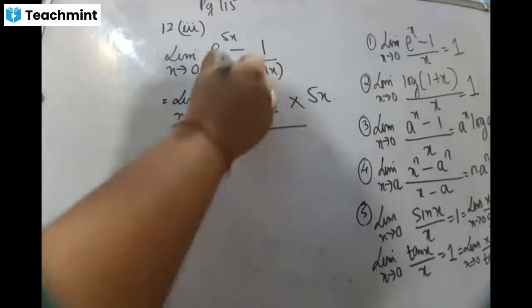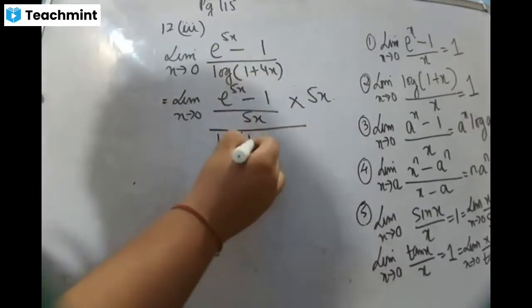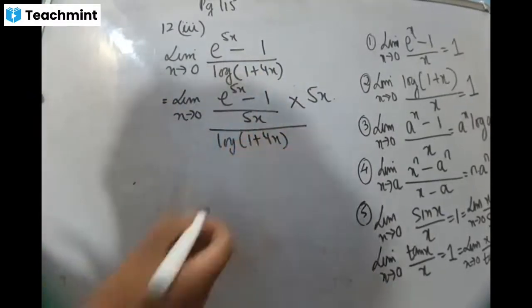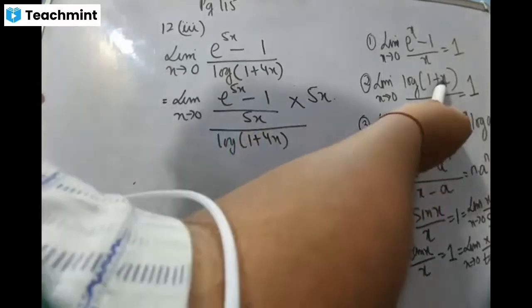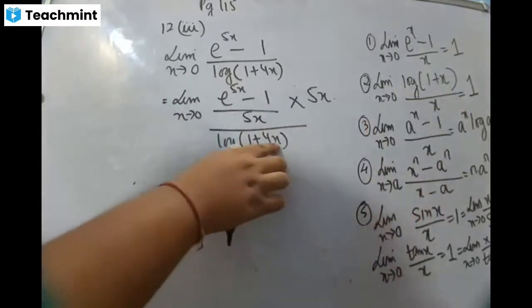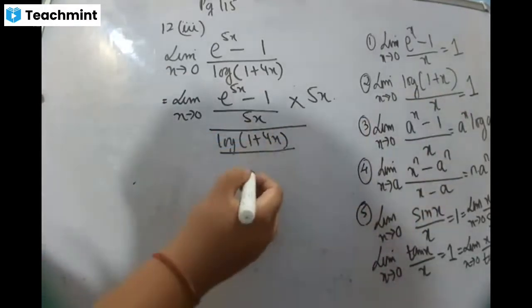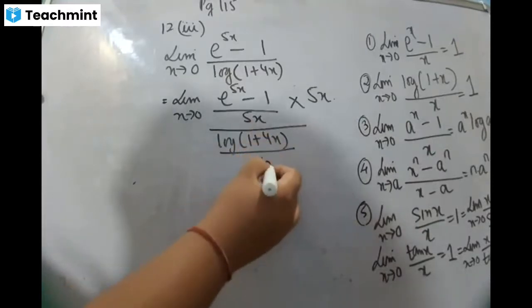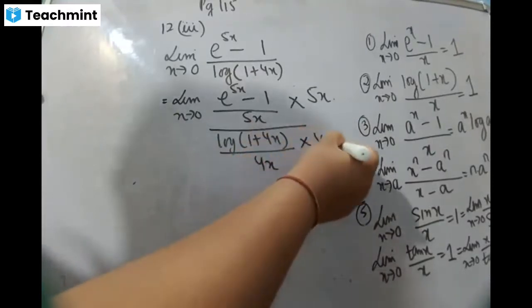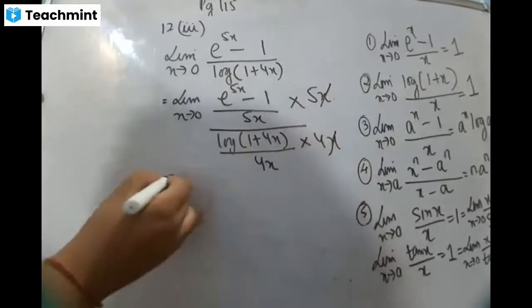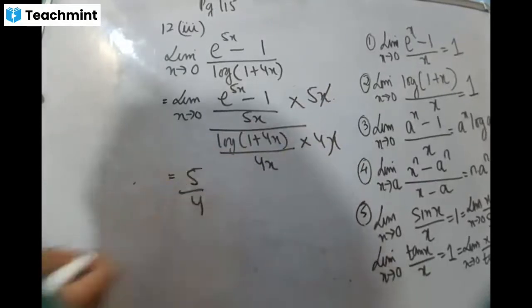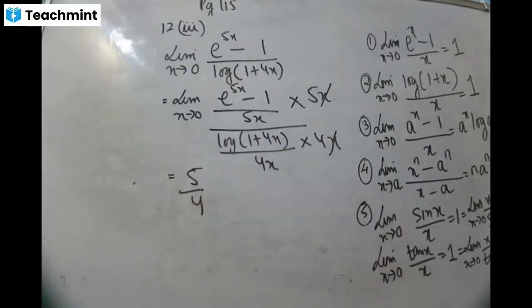Divide the whole thing, log 1 plus 4x. Property number 2 says log 1 plus x. That means whatever is the angle with log, the same thing has to be the denominator. What is it? 4x. So you divide by 4x and you multiply by 4x. So see, x and x get cancelled. So 5 by 4 comes out, because it's a constant.